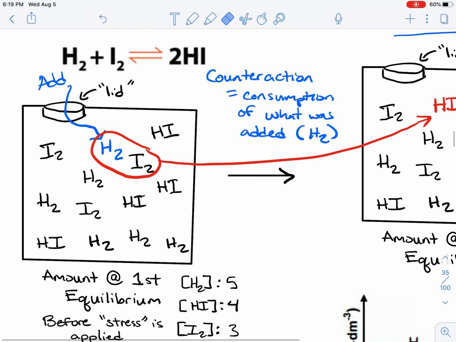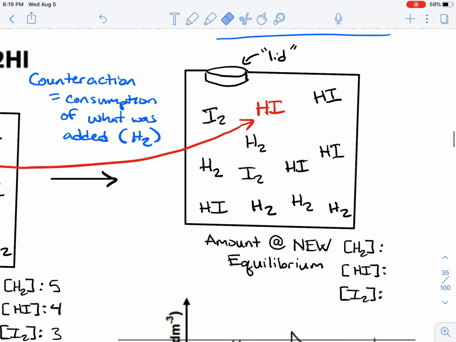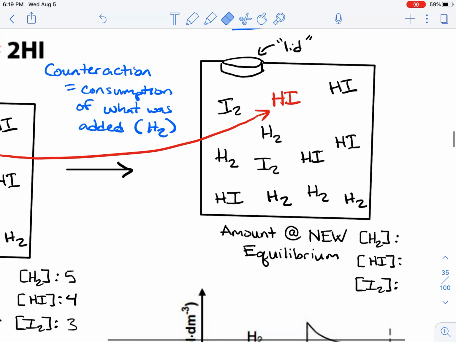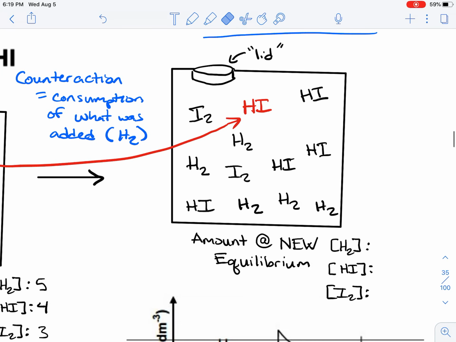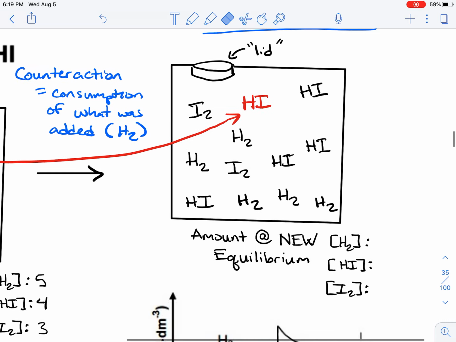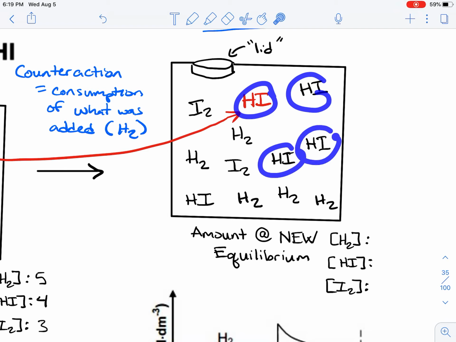So let's not pay attention to the stoichiometry for now. This is just an illustration, so it doesn't have to be exact. If you want to be a little more precise with the illustrations, you can add in more H2s, I2s, etc. All right, so if we tabulate what we have, here we have 1, 2, 3, 4, 5 HIs.